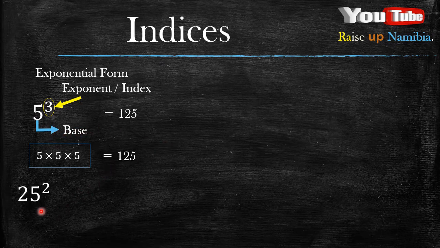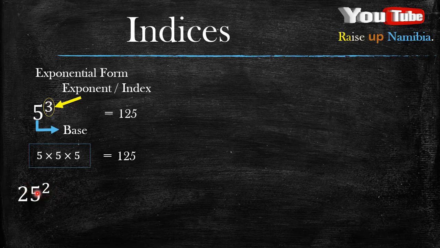Now let's look at this number. Now we have 25 raised to the power 2. Which one is the exponent here? Remember, the exponent is always the smaller number on top. Which one is the base? It's the 25. So the 25 is the base and the 2 is the exponent. What does this mean?